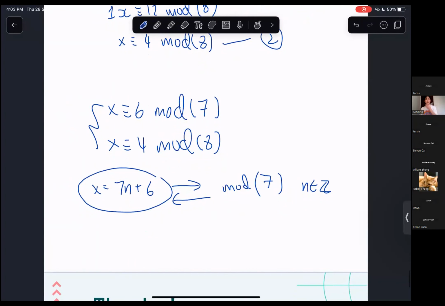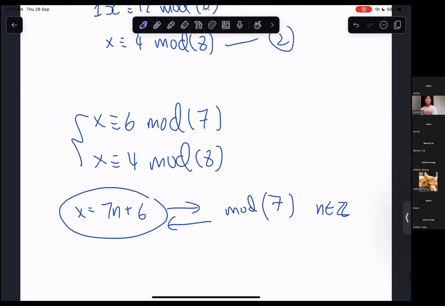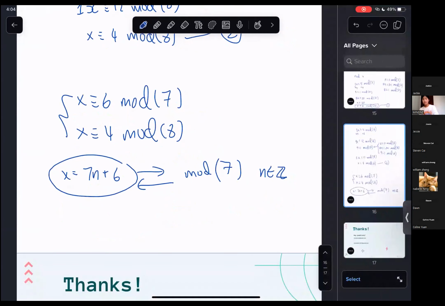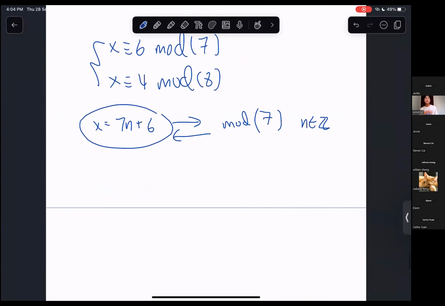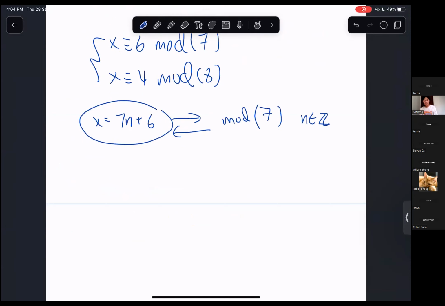Does everyone understand this step of how we change from 6 mod 7 into 7n plus 6? Yes? Okay, cool. So we can change it to that format, and let's substitute.